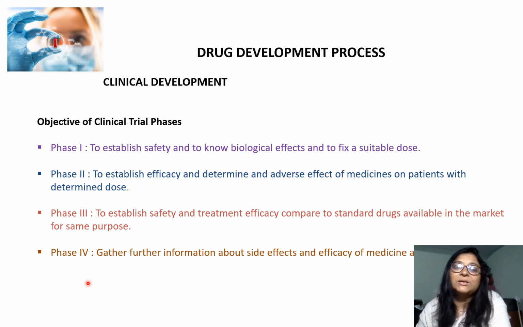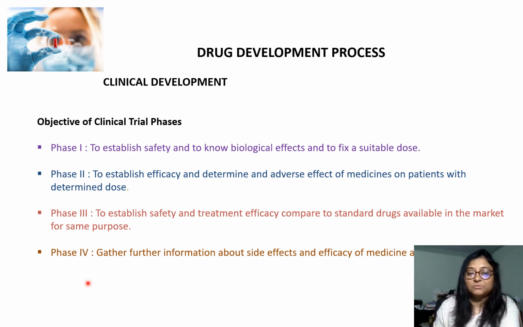These are basically the objectives of the clinical trial phases, or you can say the objectives of the drug development process. So why is this lengthy drug development process needed? Why is it not the case that anyone discovers a drug, just tests it in the lab, and then it comes into the market?